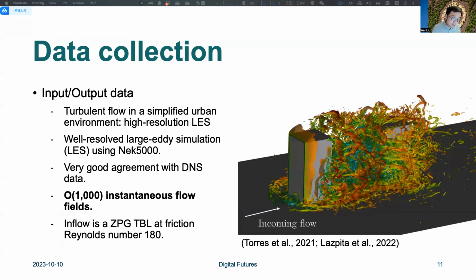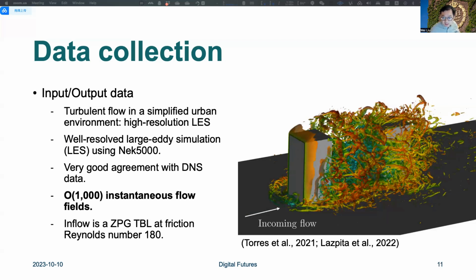Also, for the output data, we can use this database of the flow through a simplified urban environment. Those data were obtained by NEK5000, which is a highly scalable spectral element computational fluid dynamics code for solving the incompressible Navier-Stokes equations.